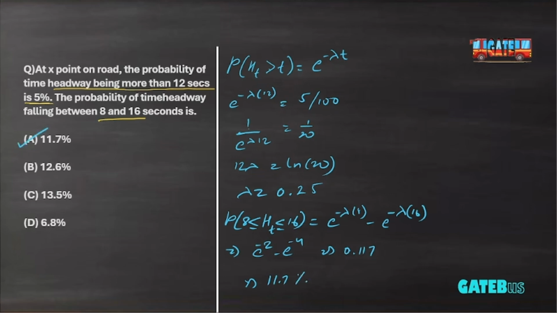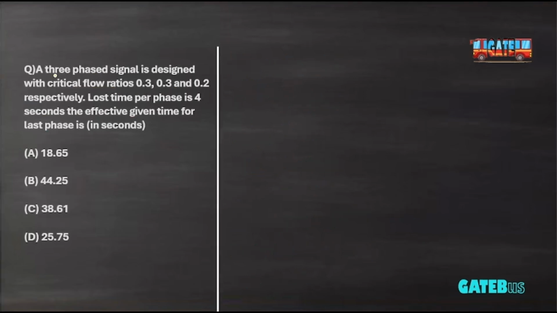That is the question. A three-phase signal is designed with the critical flow ratios as 0.3, 0.3, 0.2 respectively. The lost time per phase is 4 seconds.